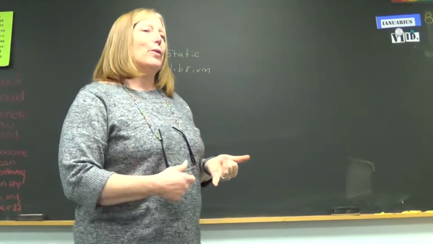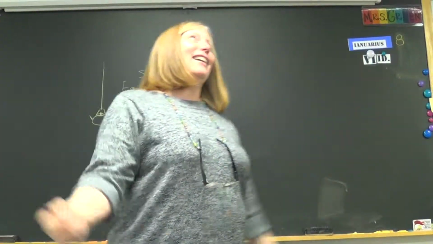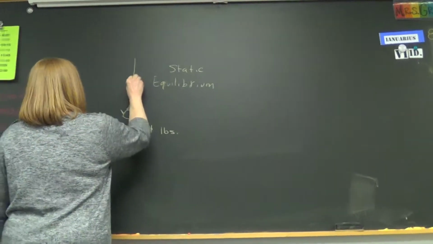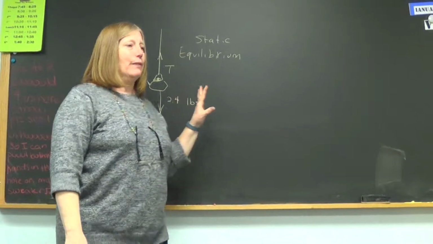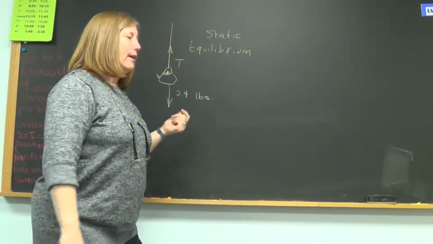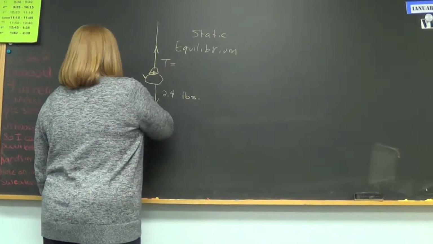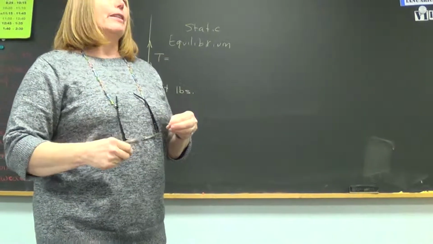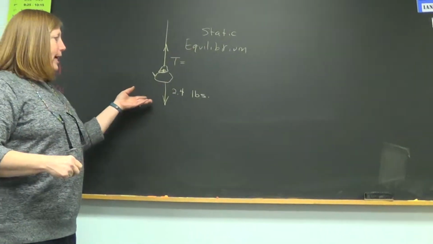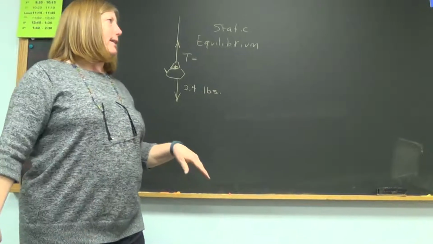What was that new force that we learned about? Everyone? Tension. All right, so tension is upward. In this case that I've drawn for you, what is the value of tension? How much tension? I need a number for this one to create this scenario. What is the tension? Abby, what do you think?